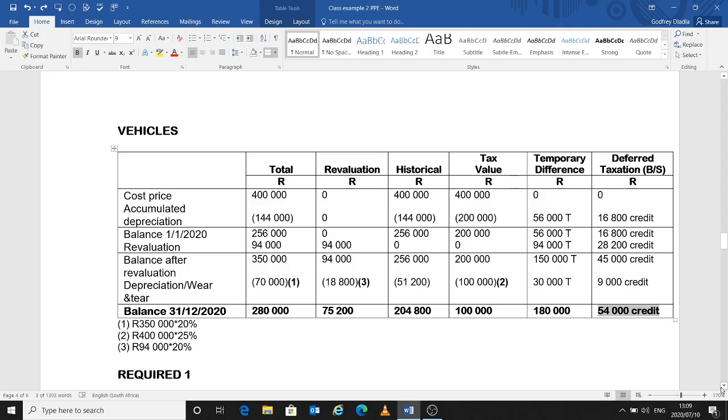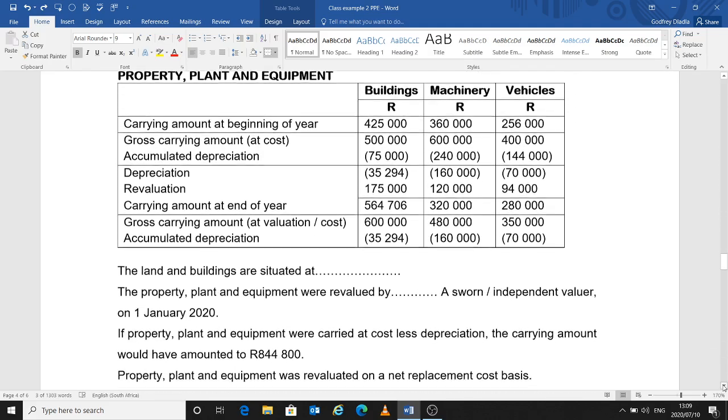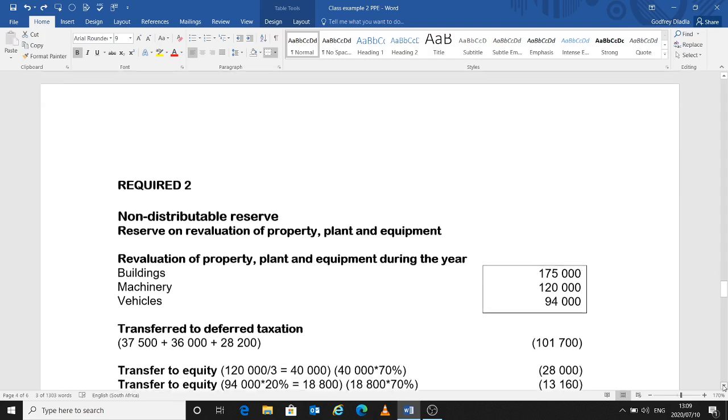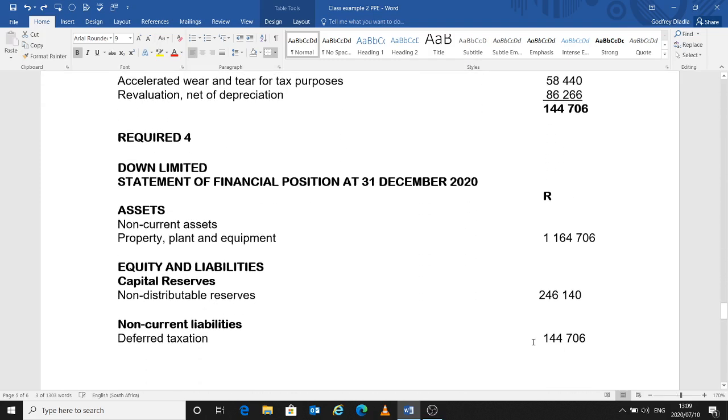It gives me 144,706. So that 144,706 will be this one here, which is the same amount that we must show a breakdown for here.